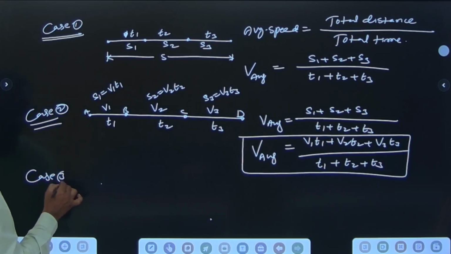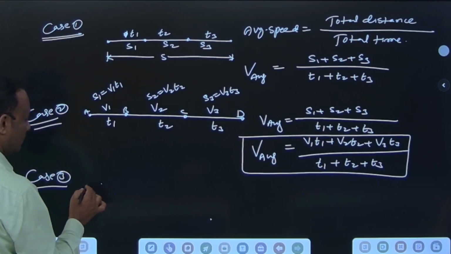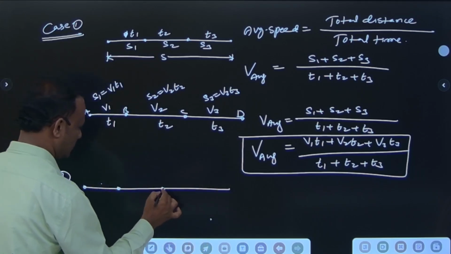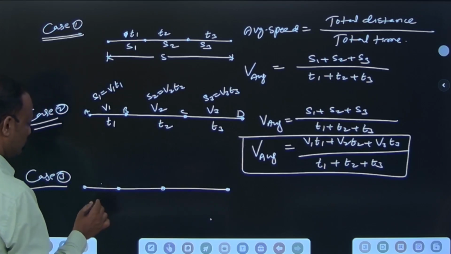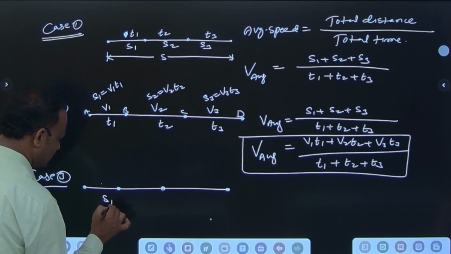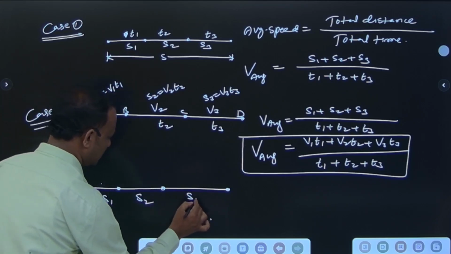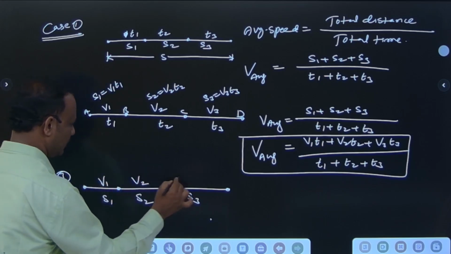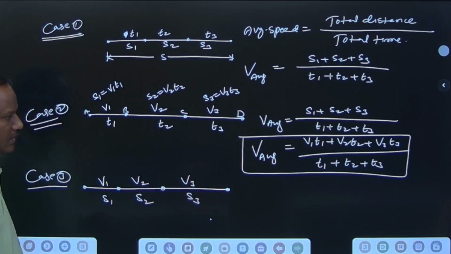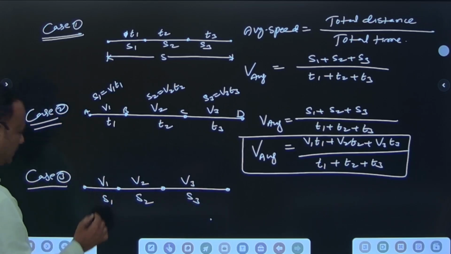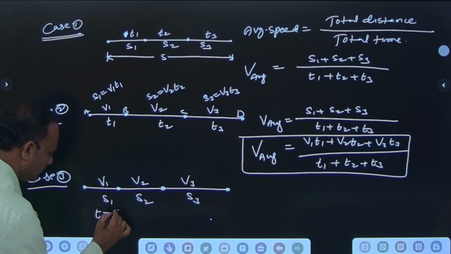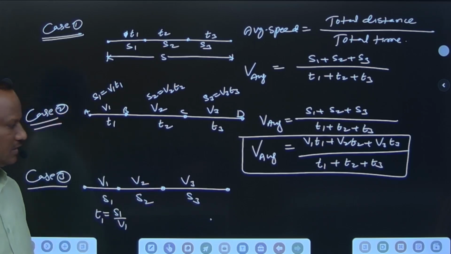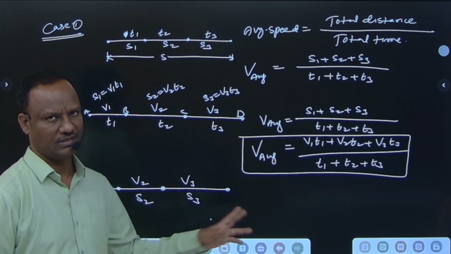Now the third case. If the question gives distances traveled S1, S2, S3 at velocities V1, V2 and V3, I want to find the time taken. T is equal to S by V, so T1 is S1 by V1, and similarly T2 and T3.